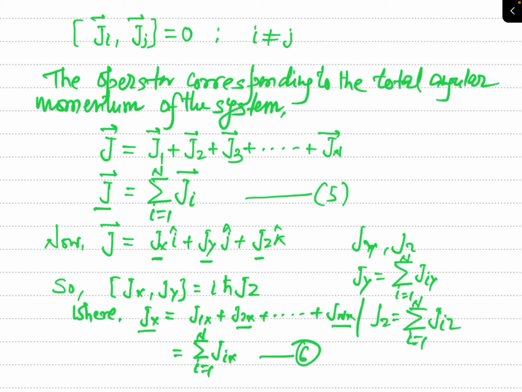But when you say angular momentum in quantum mechanics, that does not mean only orbital angular momentum. Orbital angular momentum is also an angular momentum in quantum mechanics, but the definition of angular momentum is not limited to r cross p; it finds its definition in the commutation relation.